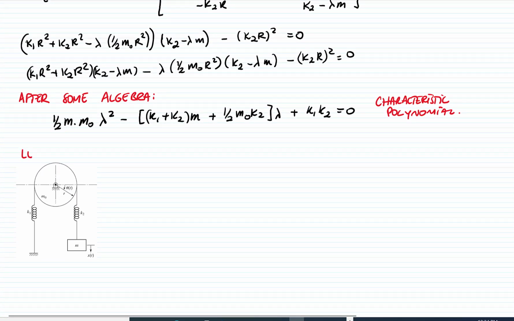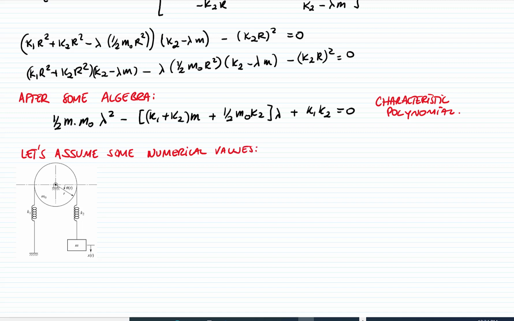In order to continue, let's just assume some values for this problem so that we can actually solve it numerically. I will assume that the mass of the disk is equals to 20 kilograms, and it has a radius of 0.5 meters.